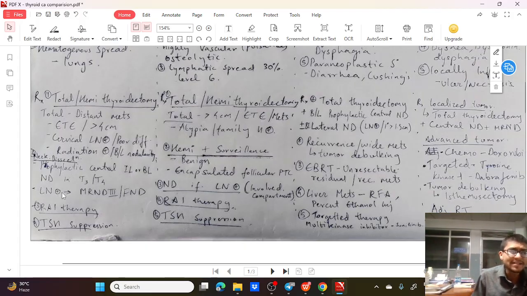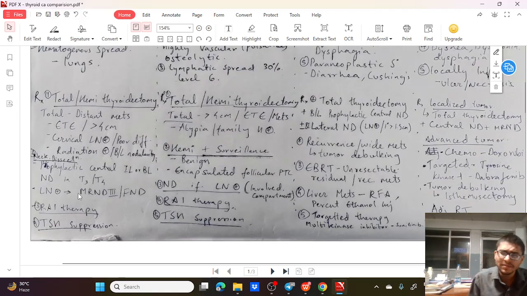Then if there is lymph node positivity, we go for a modified radical neck dissection type 3 or functional neck dissection. Along with that, we also use radioiodine therapy and TSH suppression for preventing recurrence.